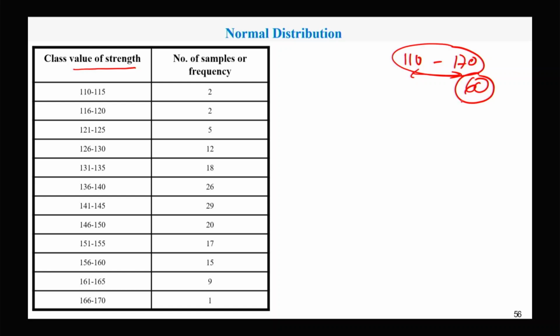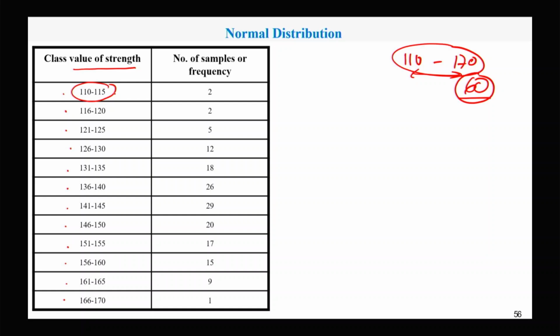Within this 60 range, we are dividing it into ranges of 5. So we get 1, 2, 3, 4, 5, 6, 7, 8, 9, 10, 11, 12 such 12 classes.